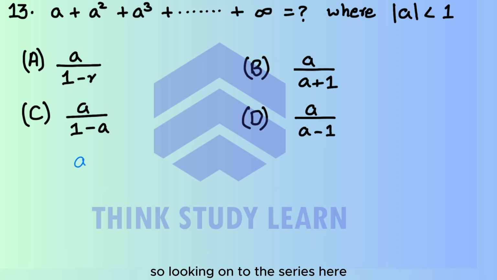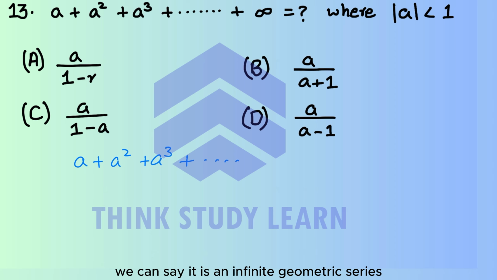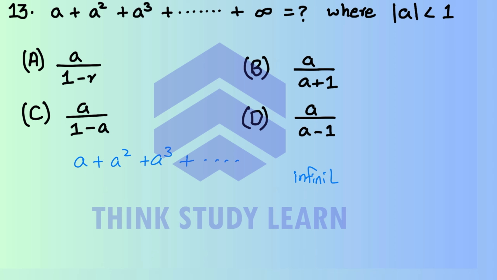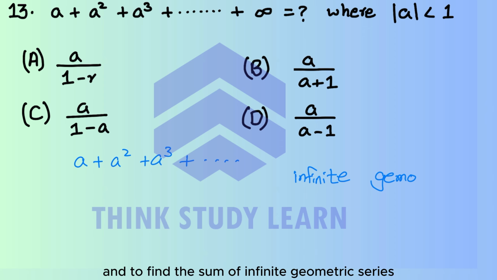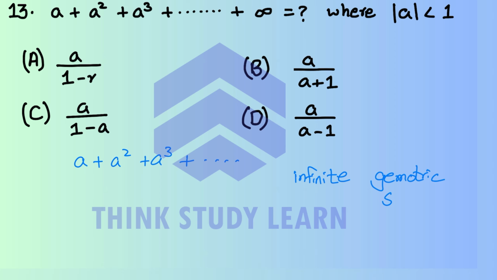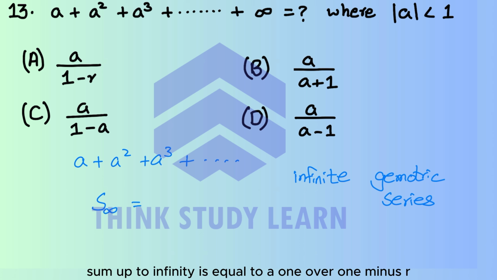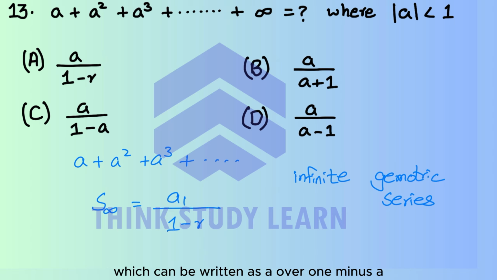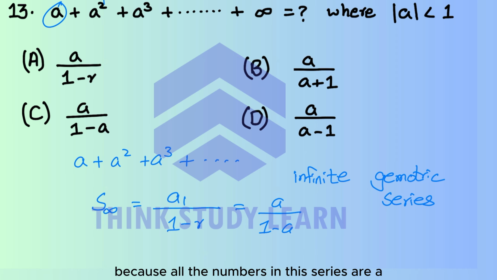So looking onto the series here, we can say it is an infinite geometric series, and to find the sum of infinite geometric series, we have a formula: sum up to infinity is equal to a1 over 1 minus r, which can be written as a over 1 minus a because all the numbers in this series are a. So C option will be the right answer.